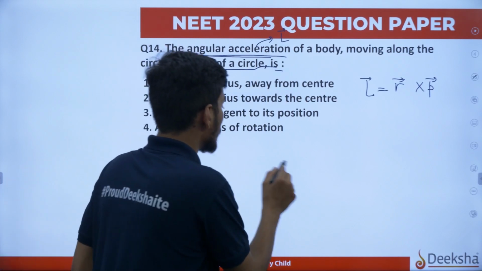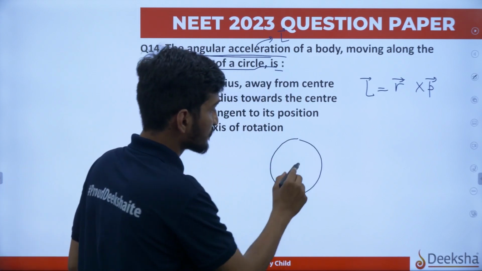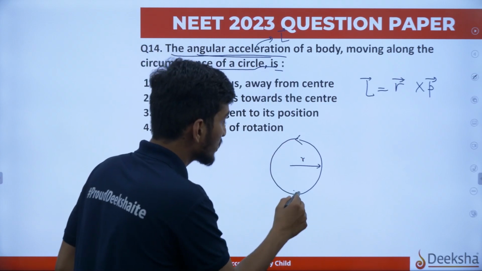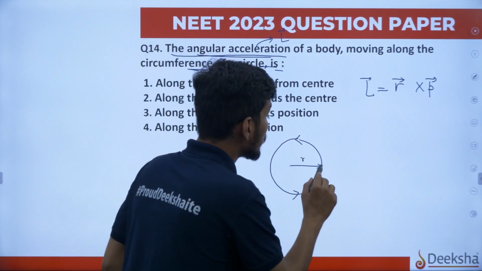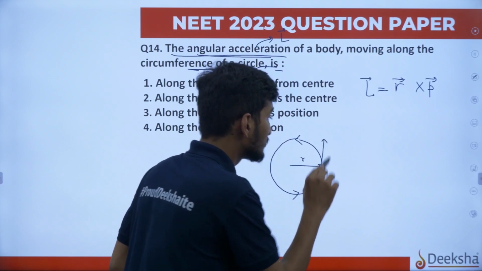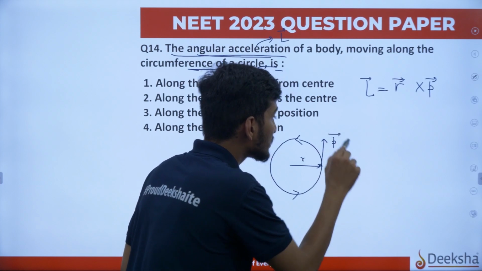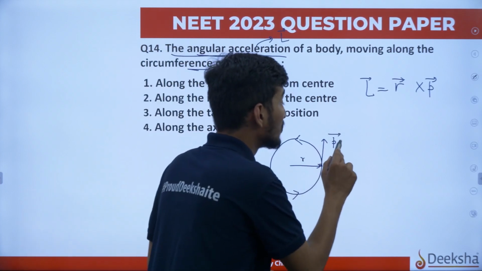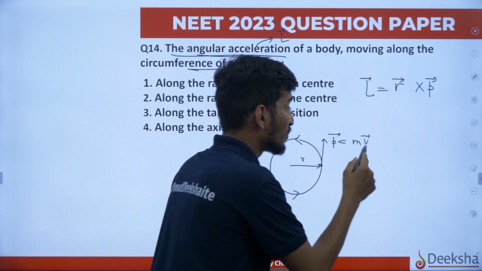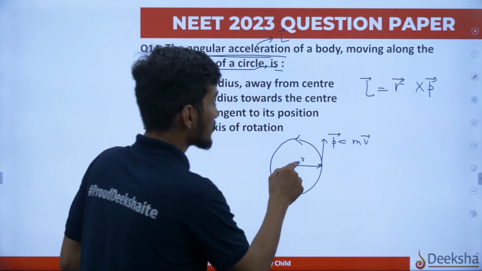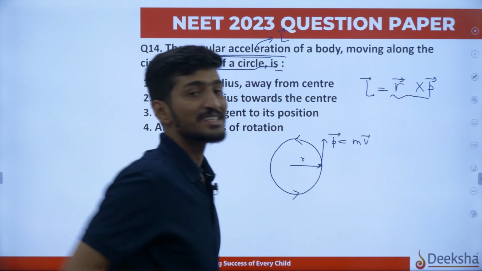If this is the R, the radius vector, and for someone who is performing a rotation like this, the velocity will be in this direction. So velocity is in the same direction as momentum. Momentum is, after all, mass into velocity. So whatever is the direction of velocity will also be the direction of momentum. So this is R, this is P. You want R cross P's direction.